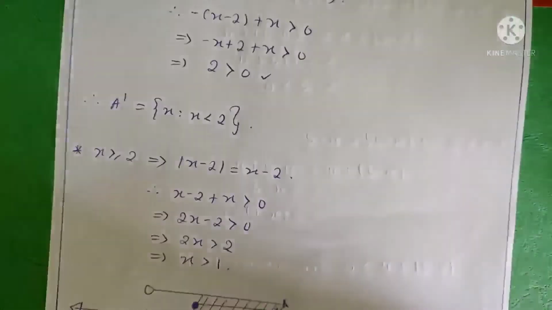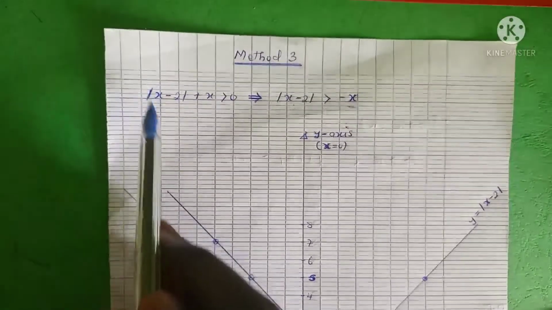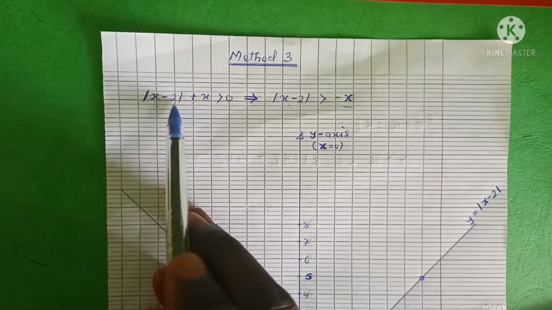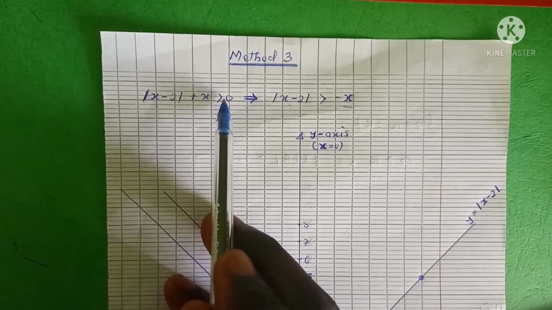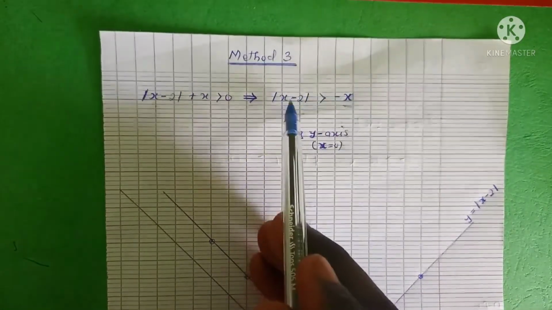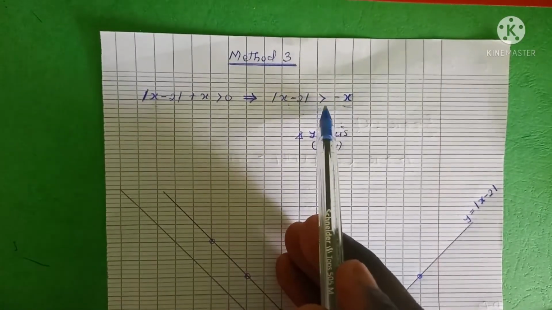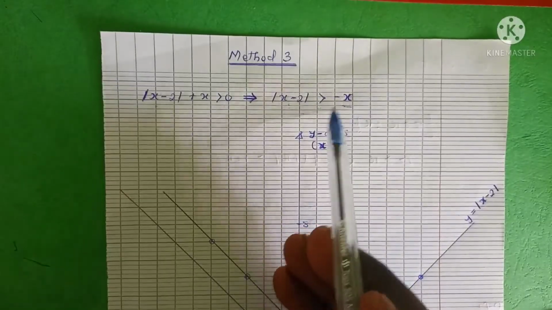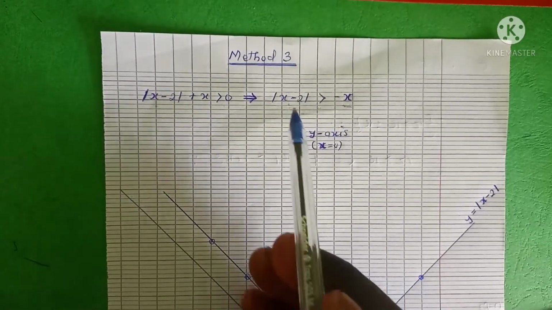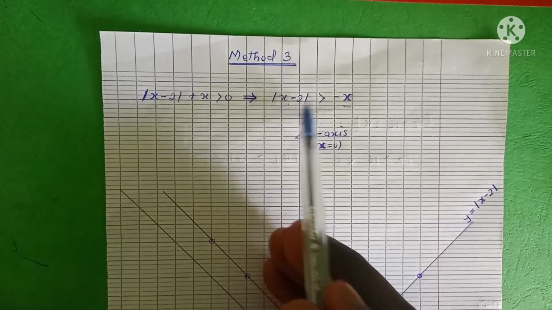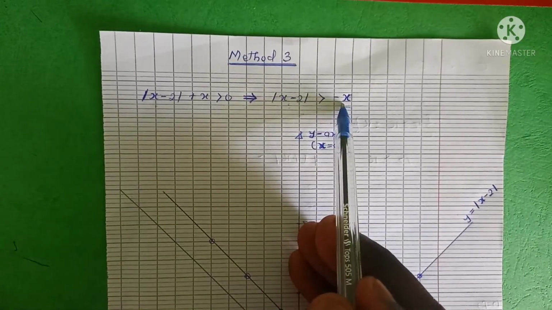So the third method, we're going to use a graph. And we know that if the absolute value of x minus 2 plus x is greater than 0, then we can still represent the inequation in another form. Just by subtracting x from both sides, we're going to have the absolute value of x minus 2 greater than negative x.